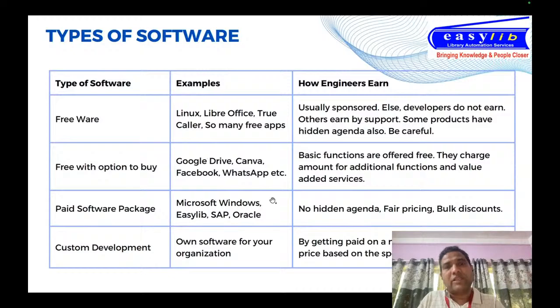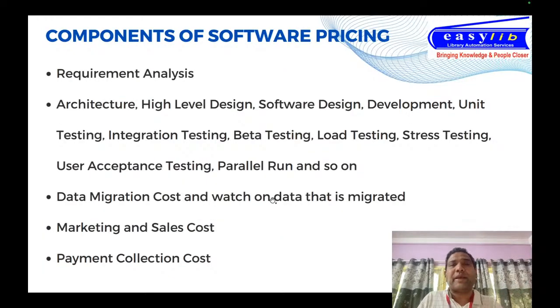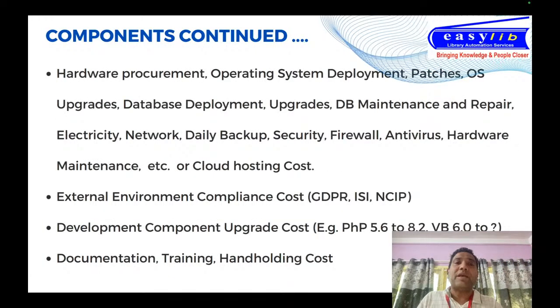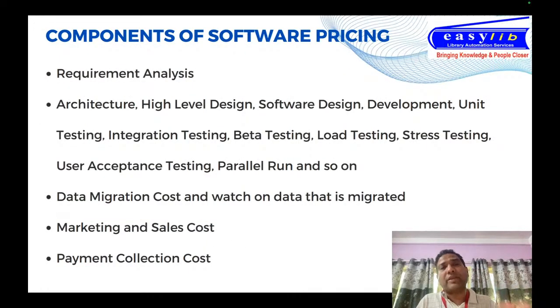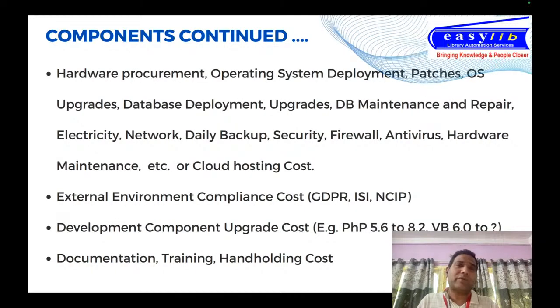So all these companies have derived the pricing based on all these factors. And from your end, if you are especially going with your own software for your organization, you need to make sure that you are considering all these items over here.